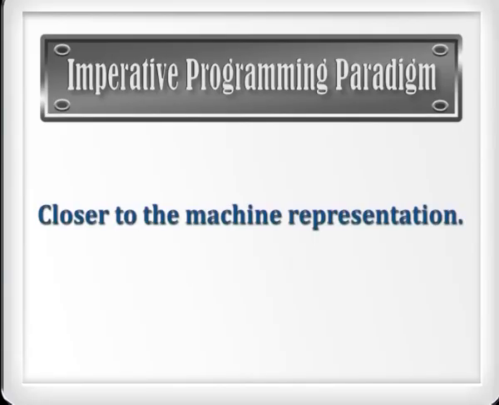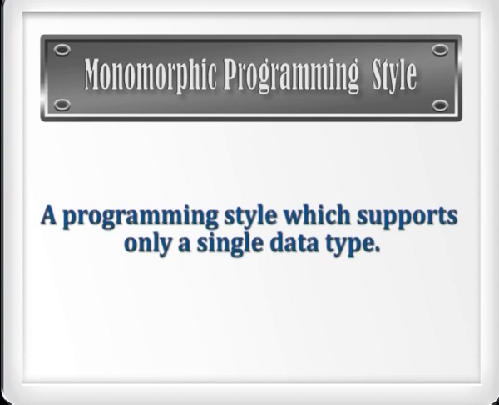The imperative programming paradigm is closer to machine representation. Classical languages such as C use a straightforward monomorphic programming style based on the imperative programming paradigm. A monomorphic programming style is one which supports only a single data type.